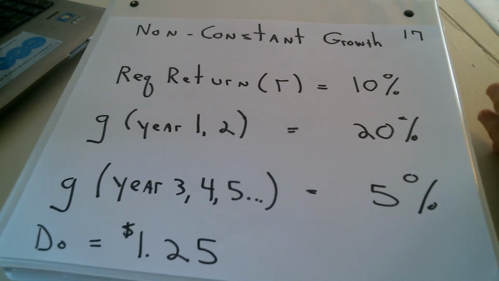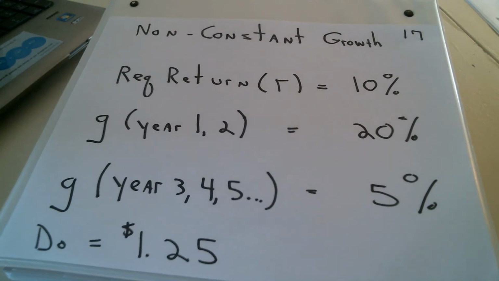We're looking at stock growth, dividend growth out into the future. That changes at some point, and then grows at a different rate. But then we need to bring all those payments back to the present to see what that stock value is worth.